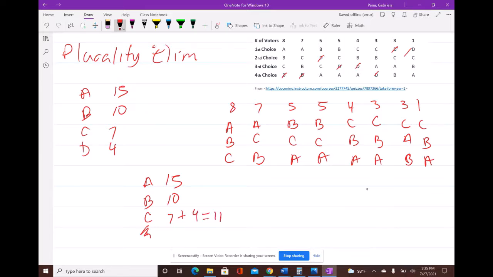So all we did is just rewrite them without the D. But now we have to cross out B, because that's the one that has the least. So I'm going to cut out B, and then rewrite this 8, 7, 5, 5, 4, 3, 3, 1.